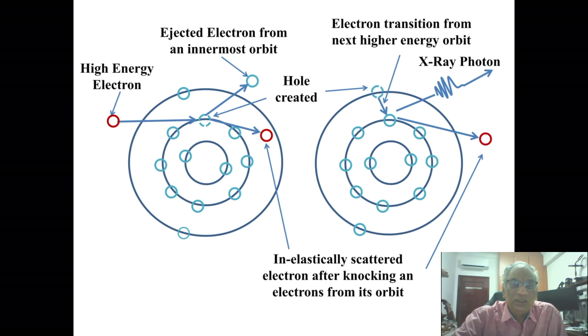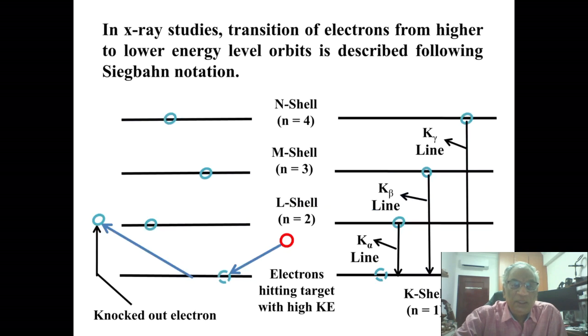So that electron transition from next higher energy level orbit to lower energy orbit results in X-ray photon. In X-ray studies, the transition of electrons from higher to lower energy orbits is described by Siegbahn notation. If the electron from K shell is expelled out by a high energy electron from the filament, then K shell has a hole.